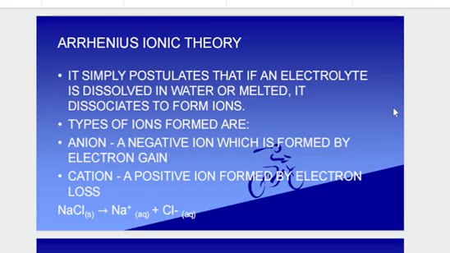The types of ions that are formed, as we know: anion, which is a negative ion formed by electron gain, and cation, which is a positive ion formed by electron loss. So put this down quickly.